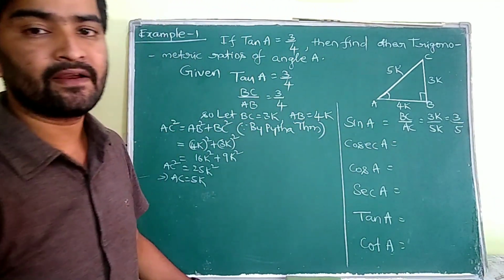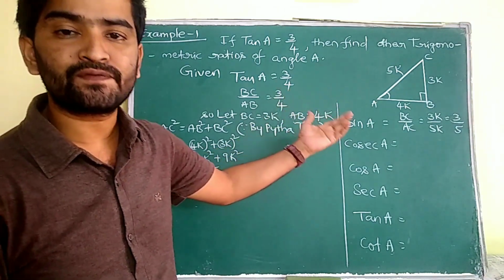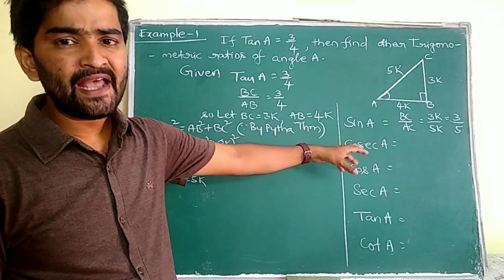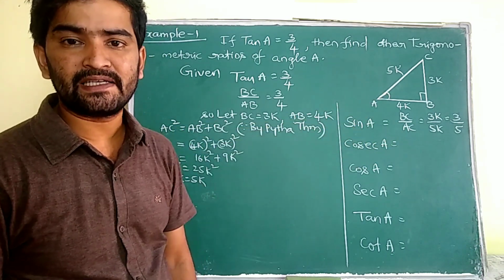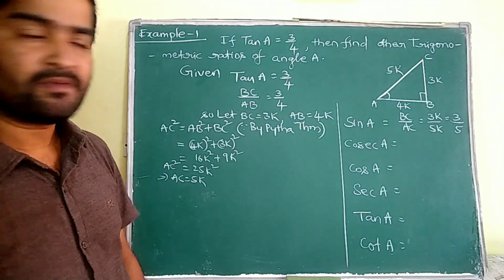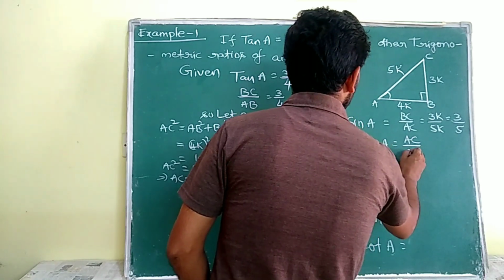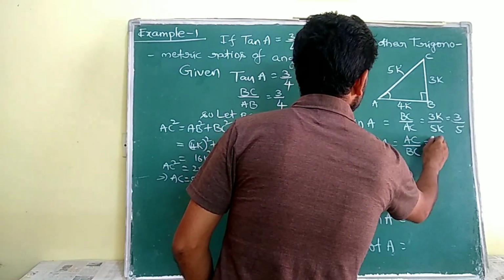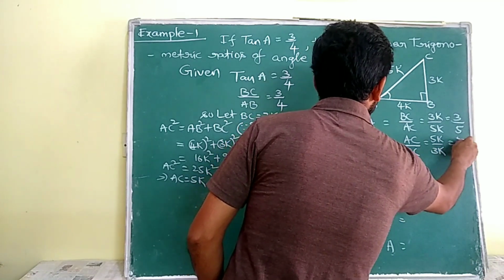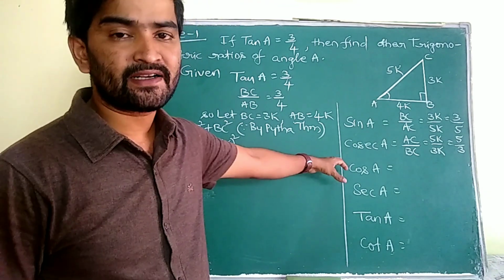That is sin A. We know that cosecant A is the reciprocal value of sin A. That is, cosecant A is going to be expressed directly as 5 by 3. Else if you want to write cosecant A as per the formula, cosecant A means hypotenuse by A's opposite side, that is 5K by 3K, that is equal to 5 by 3. You may write directly also.